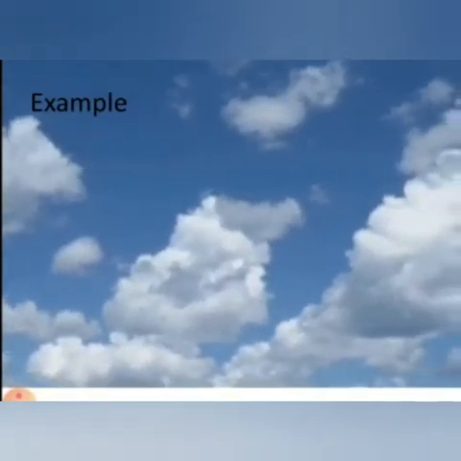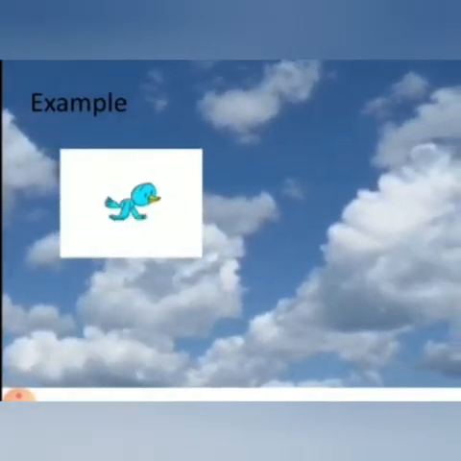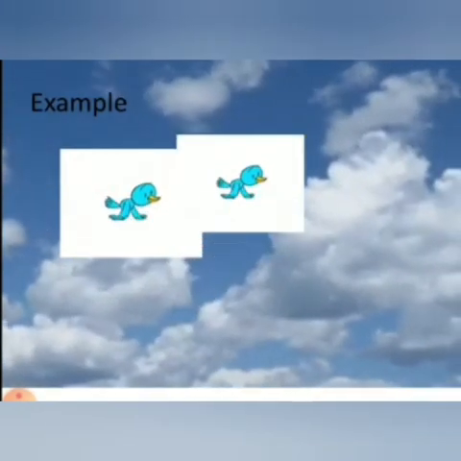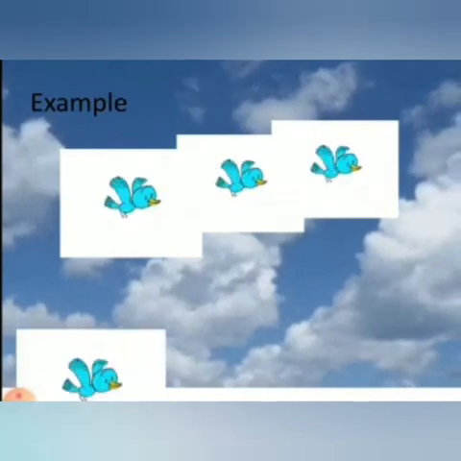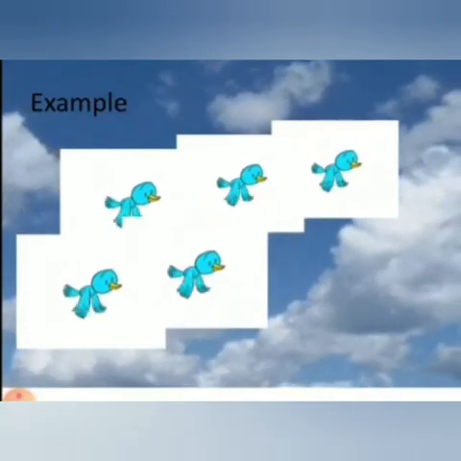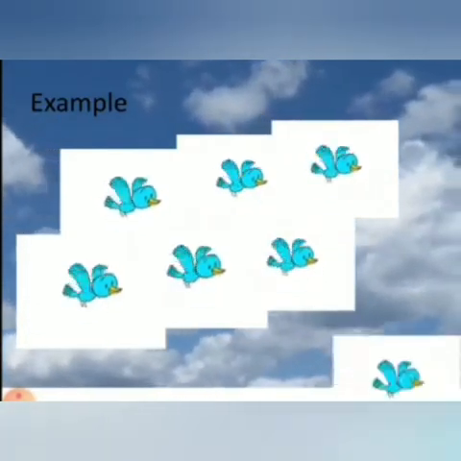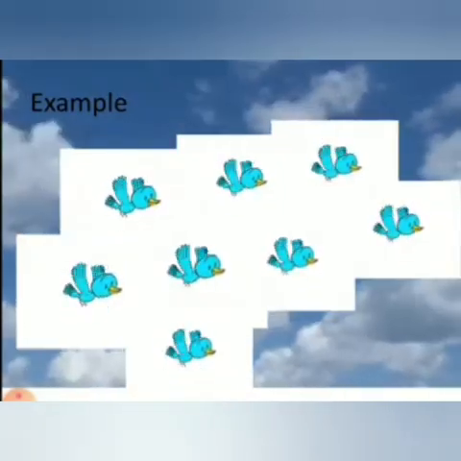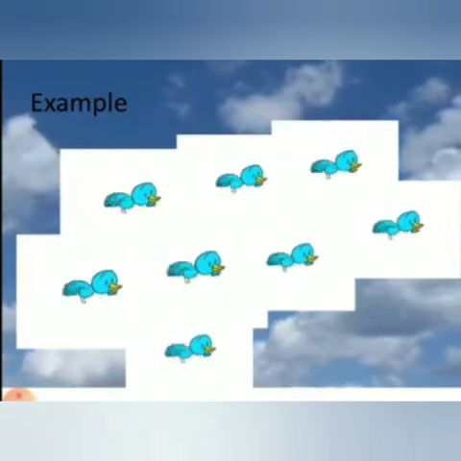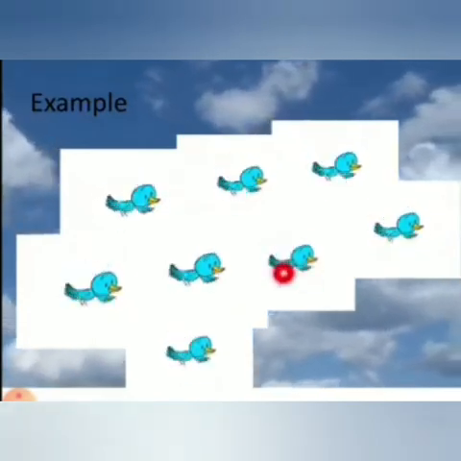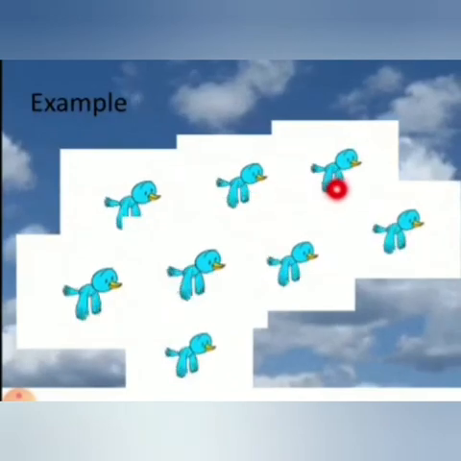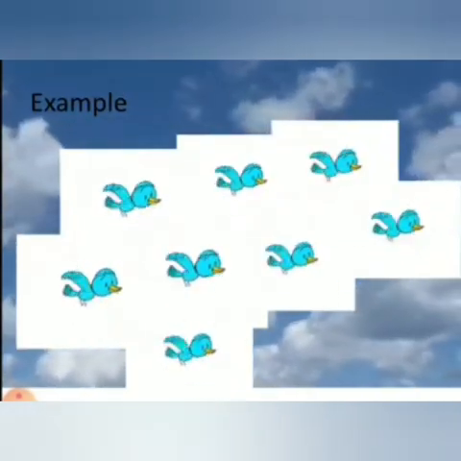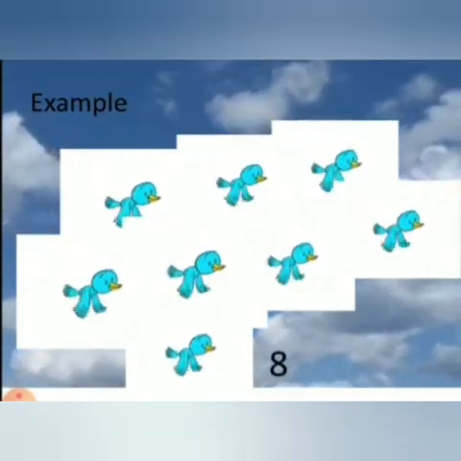Let us see one more example. Here are some birds. Let's count. 1, 2, 3, 4, 5, 6, 7, 8. 8 birds are flying in the sky. Let's count. 1, 2, 3, 4, 5, 6, 7, 8. So yes, there are 8 birds.